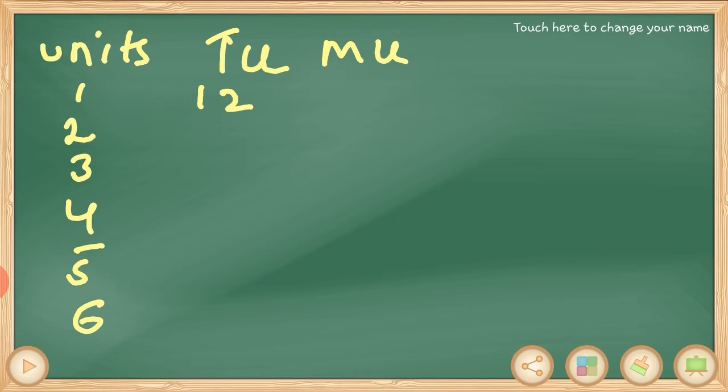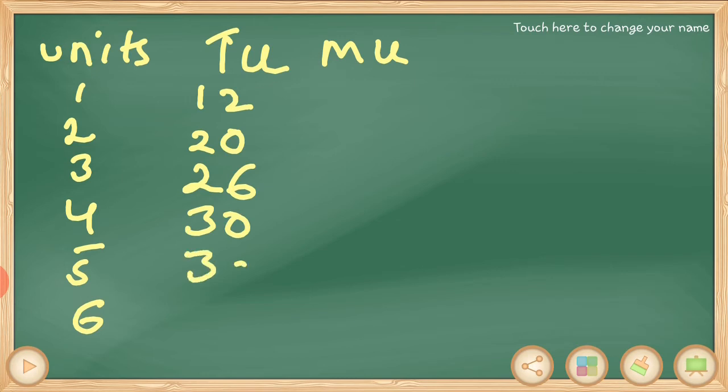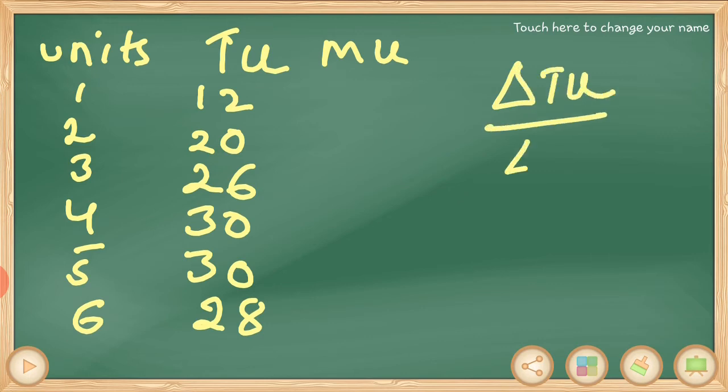From first 12 we get, then 20, then 26, 30, then 30, and then 28. How to calculate marginal utility? Change in total utility divided by change in Q. So the first remains the same.